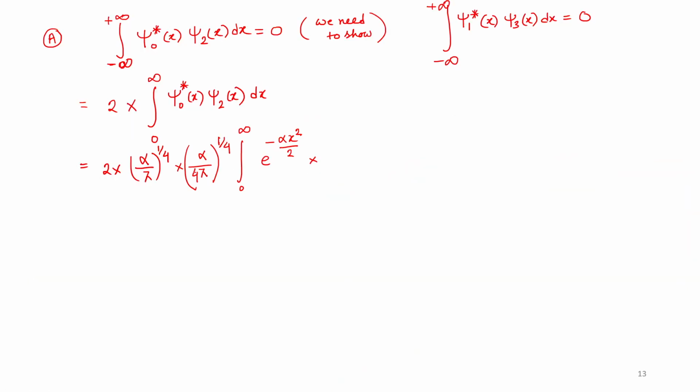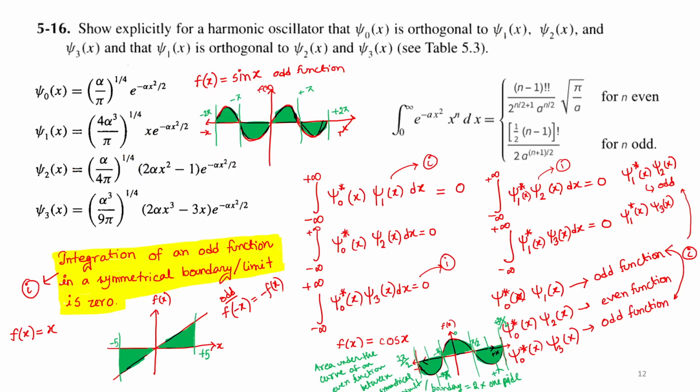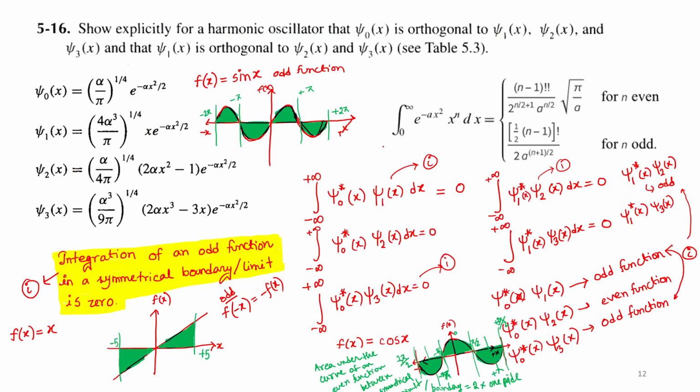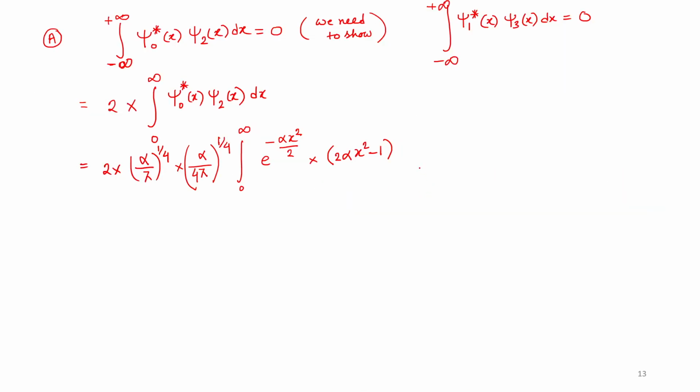Alpha by 4, to the power 1 by 4, e to the minus alpha x square by 2, into 2 alpha x square minus 1. So alpha x square minus 1 into e to the minus alpha x square by 2. We are not going to require that integration.